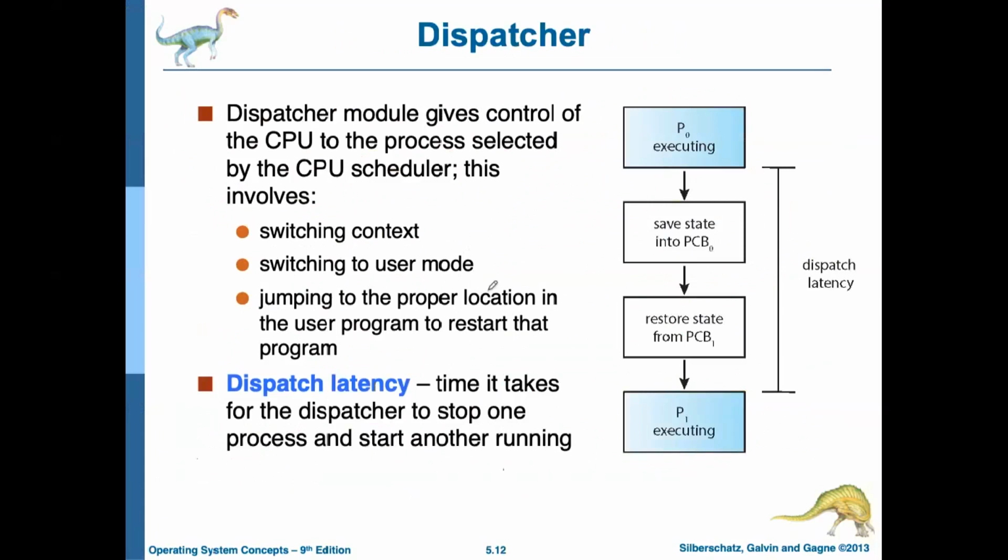The dispatcher module gives control of the CPU to the process selected by the CPU scheduler. This involves switching context, switching to user mode, and jumping to the proper location in the user program to restart that program.